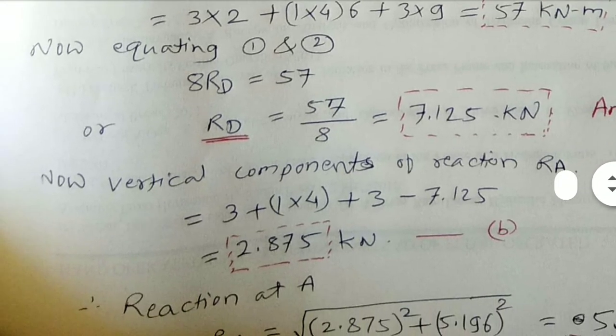Now at point A, first of all we have to find the vertical component of the reaction.